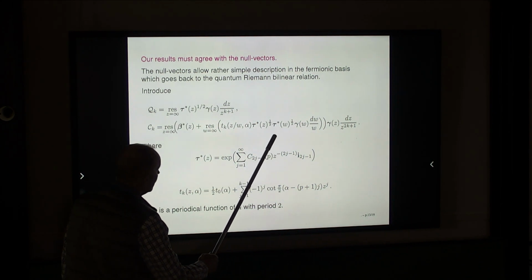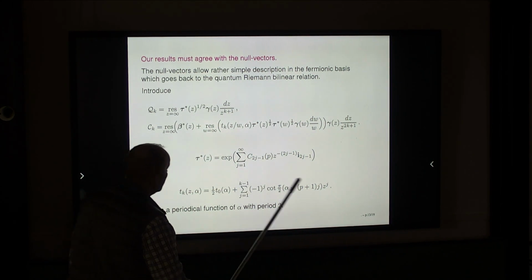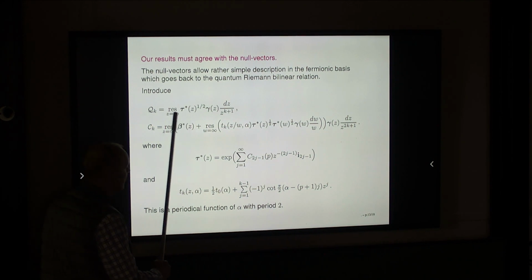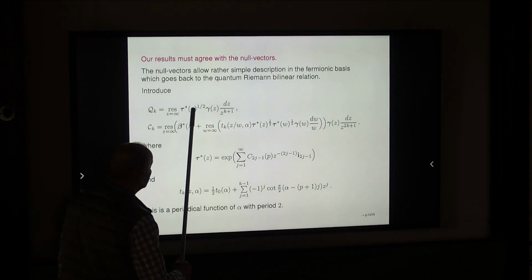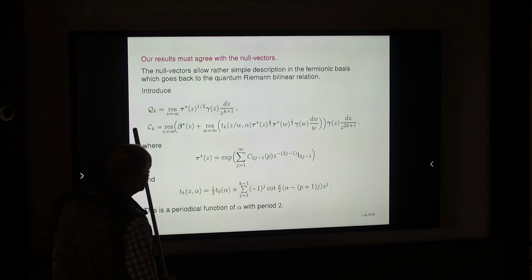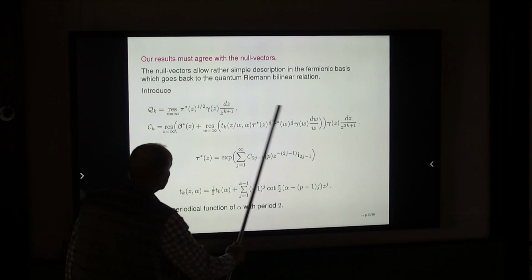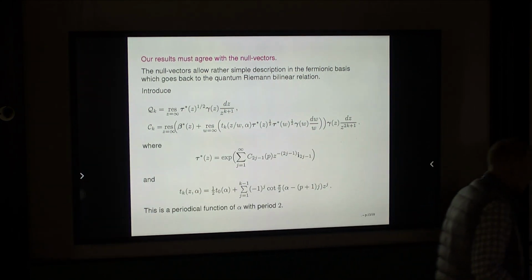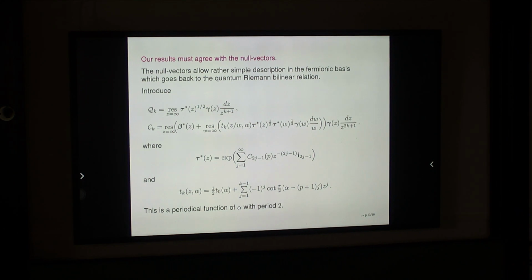There are these generating functions for the integrals of motion, and there are two operators. One is odd in fermions, which is like that, and another is even in fermions, and it is like that. But the coefficients are either integrals of motion or some very simple periodic functions like this cotangent.